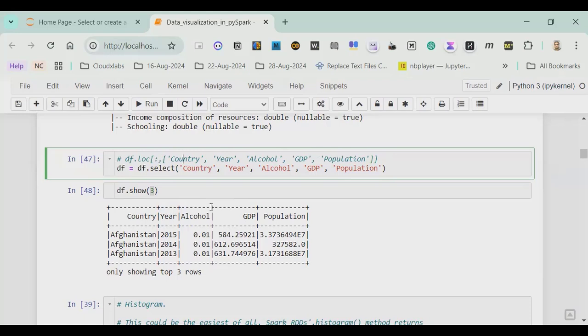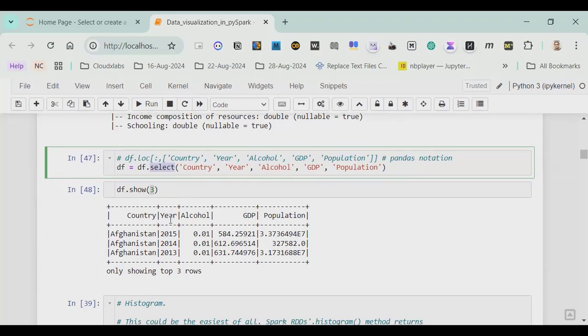This is the general pandas style of notation. And this is for Spark, because we have to give it a select method so that it can understand which columns we are interested in. Among the total columns, I just want to select these columns and show them.